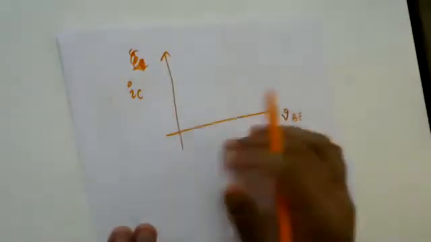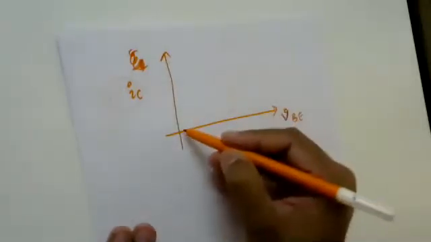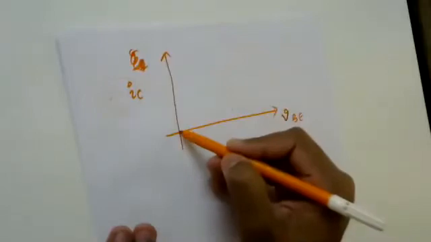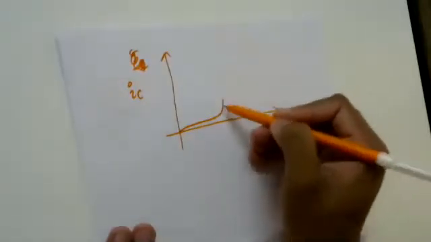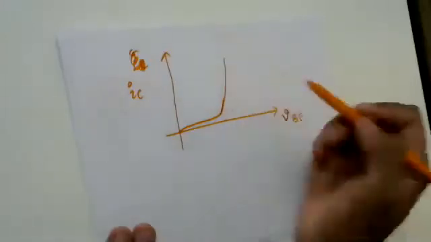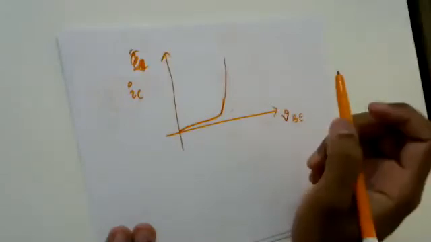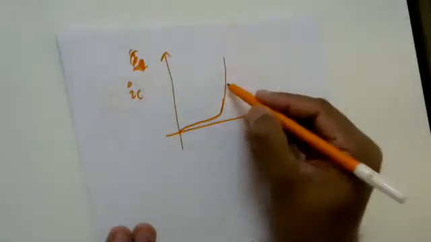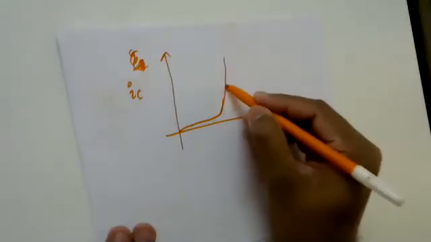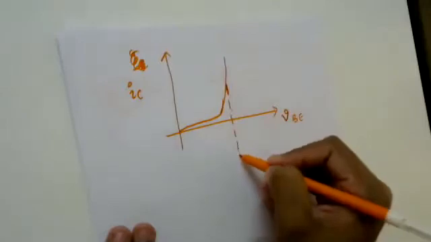Now if I take the response of these particular parameters, I know that my response will look somewhat like this. Let me say here, this is the value of my VBE.